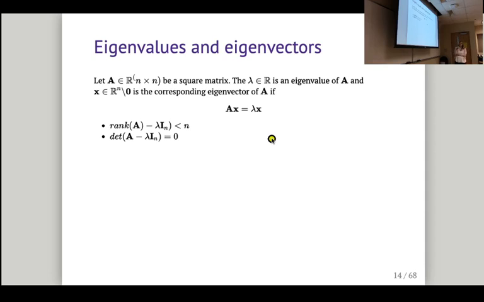So a couple of properties follow from this. The rank of the matrix A minus the eigenvalue times the identity will be less than n. And the determinant of A minus the eigenvalue times the identity is zero.